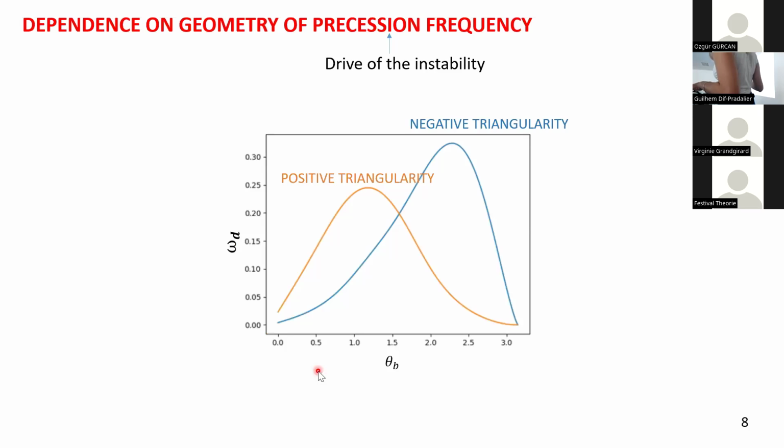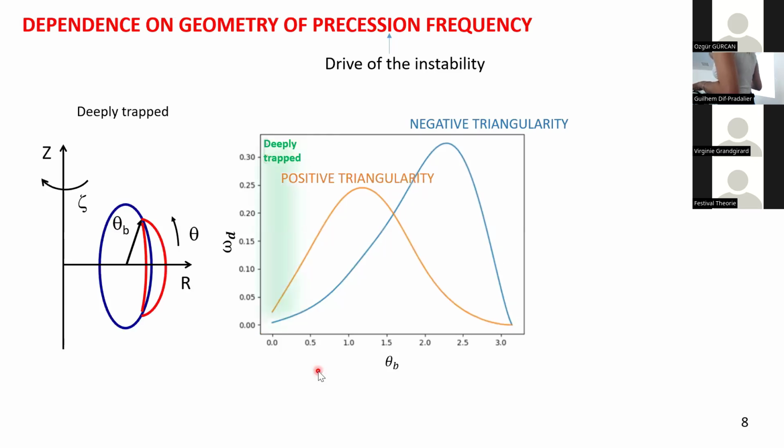In particular, in this region here of small theta b, where the particles are much more trapped into the magnetic well, into the region of low magnetic field, omega d for positive triangularity is higher with respect to negative triangularity.